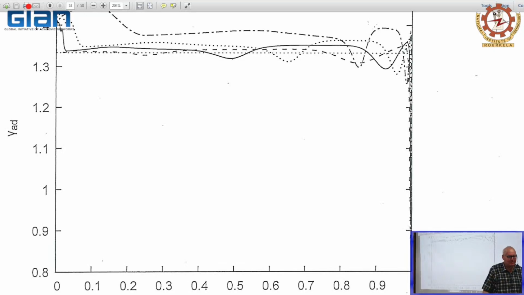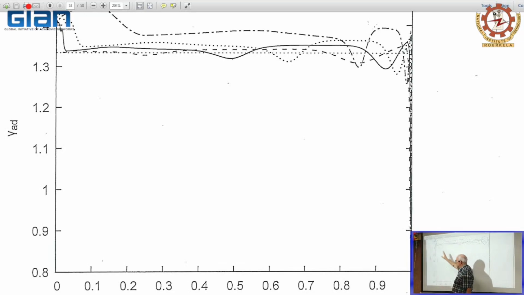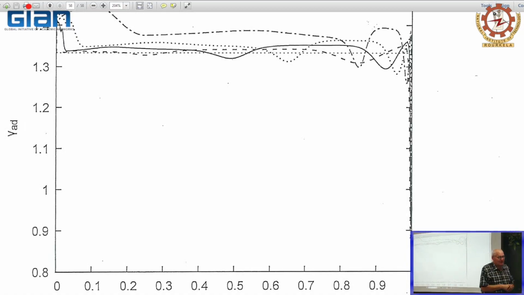Well, what might be the cause of these minima, or the low values of gamma adiabatic in these stars? When does gamma fall below 4/3? For instance, here and there. Well, these are the ionization zones where gamma falls below 4/3. But concerning the center of the star, we see that gamma is well above 4/3.